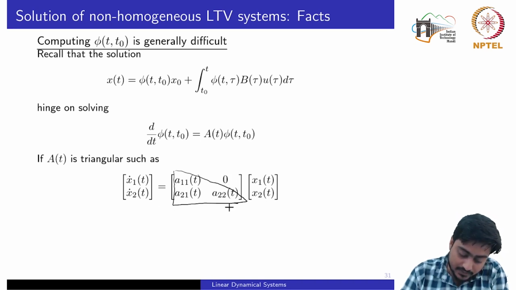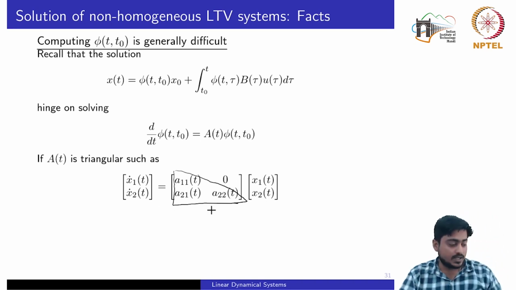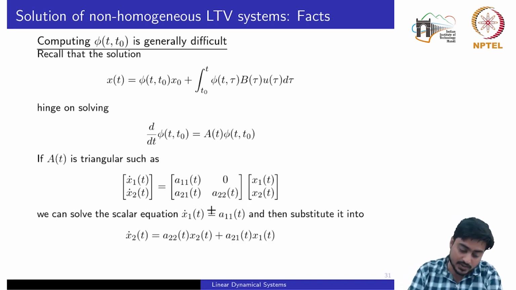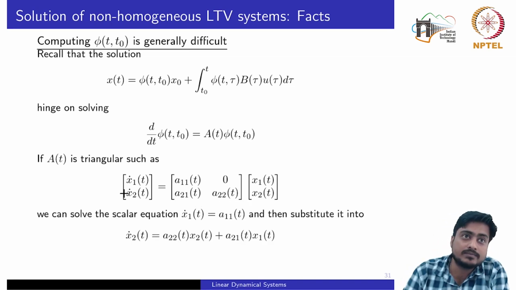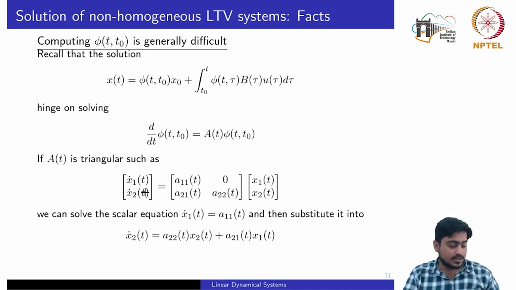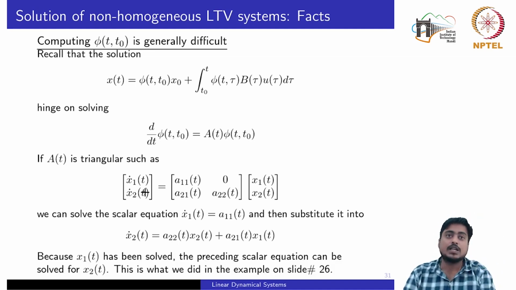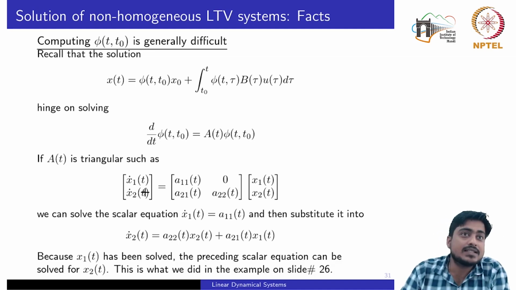If we have this type of state matrix, then I can compute the solution of x1 explicitly, and then put it inside x2 to finally compute the fundamental matrix. This is what we did in the example on slide number 26.